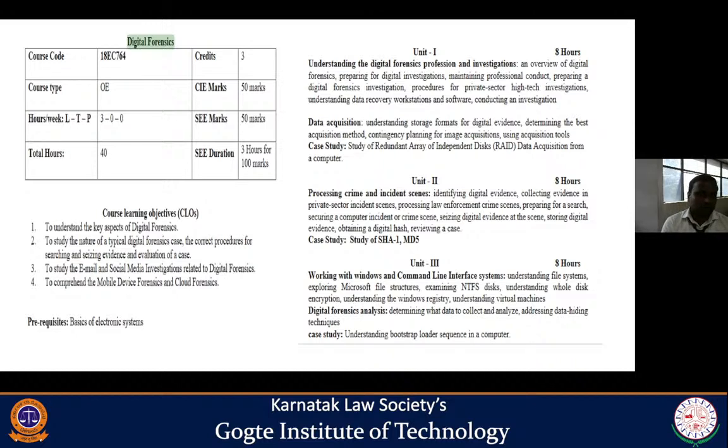Second, you are going to study the nature of typical digital forensic cases, the correct procedure for searching and seizing evidence, and evaluation of the cases. The third objective is to study email and social media investigation related to digital forensics, and also mobile device forensics and cloud forensics.